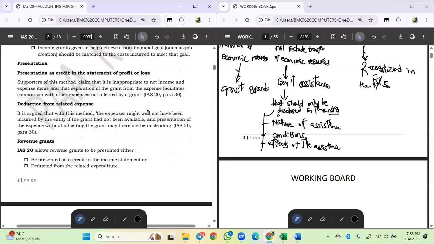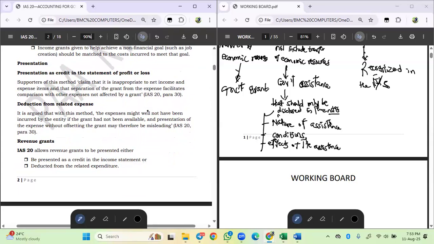In the revenue grant or capital grant, we have two ways of presenting that particular grant on the face of the financial statement. So one is what? The deduction approach, and the other one is what? The deferred credit.